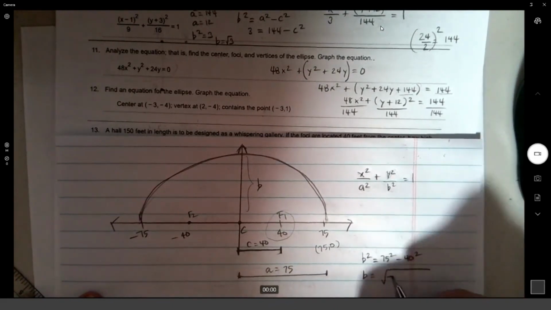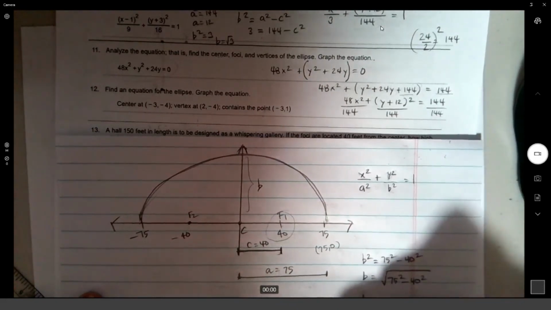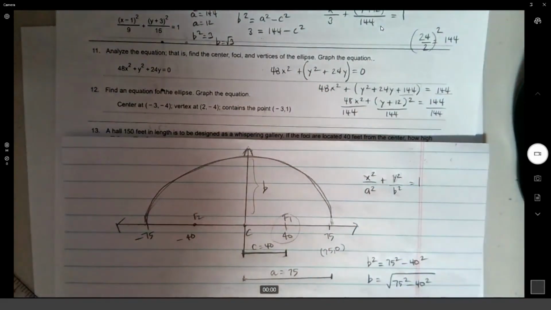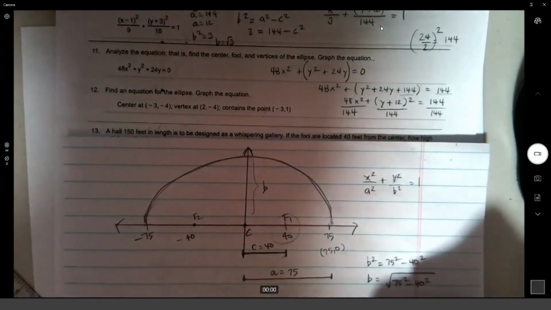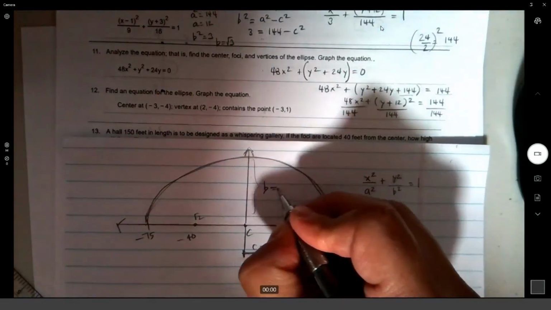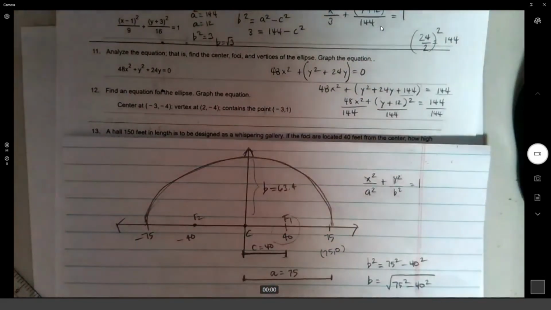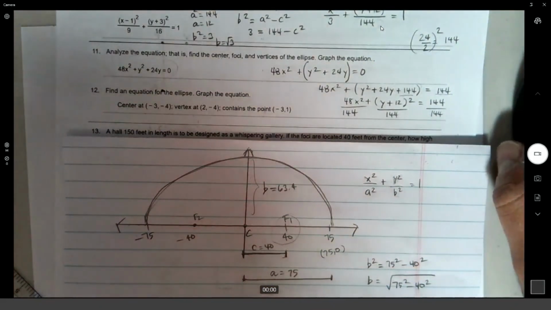B is going to be the square root of 75 squared minus 40 squared. I'm just going to use the calculator here rather than doing it by hand. We get approximately 63.4 feet. The ceiling of the whispering gallery is approximately 63.4 feet.